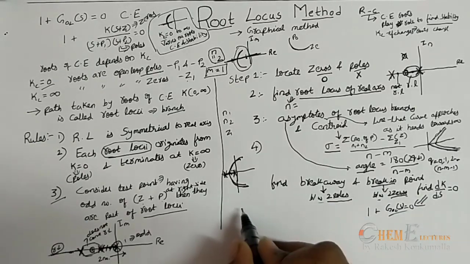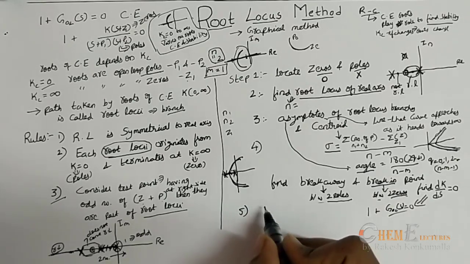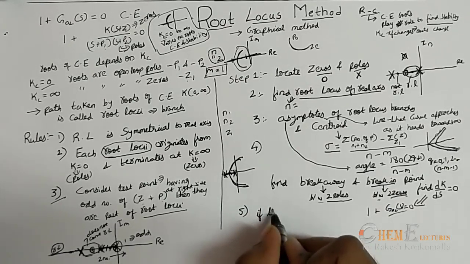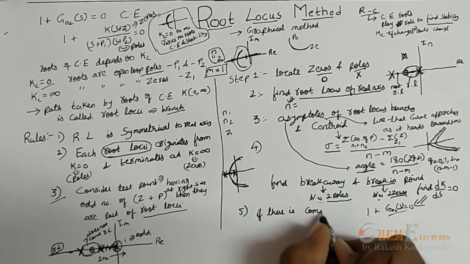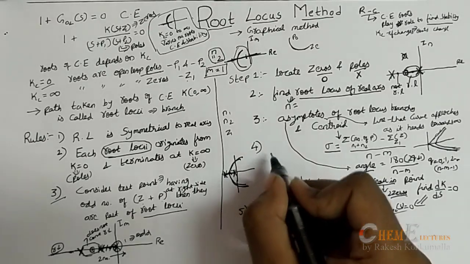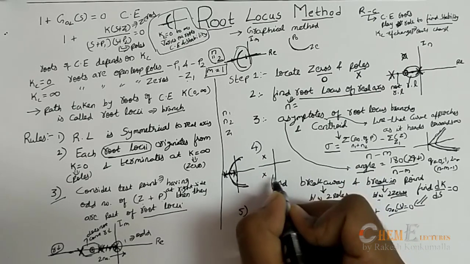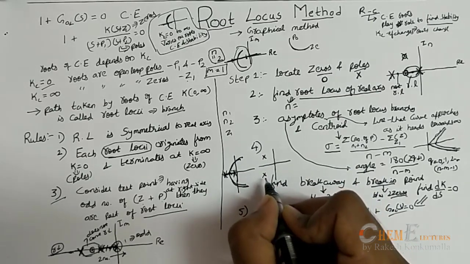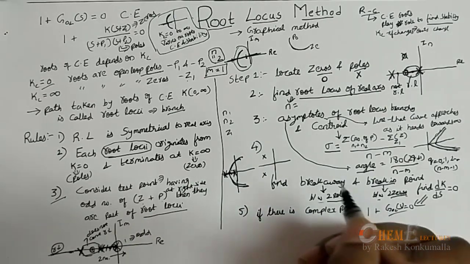Then my fifth step is, if there is any complex pole, that is if I am having these two, then you can tell as a complex pole, then I need to find an angle of departure.